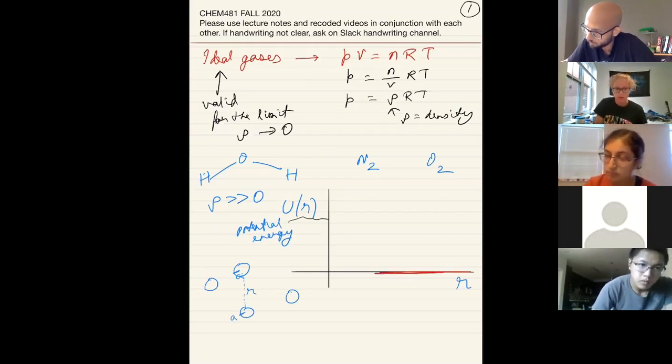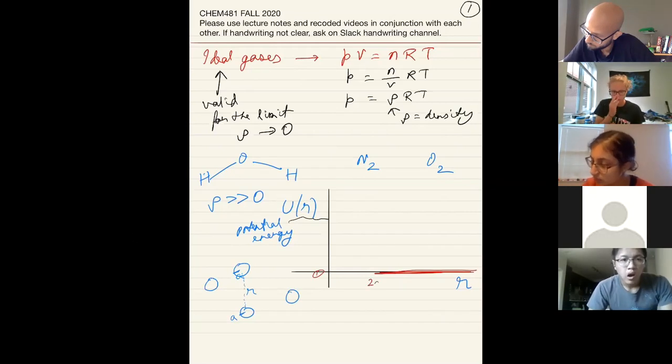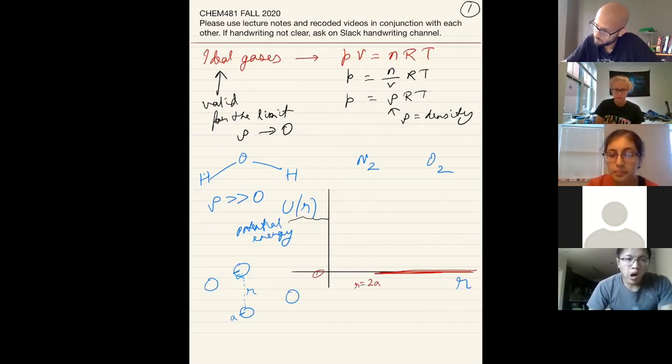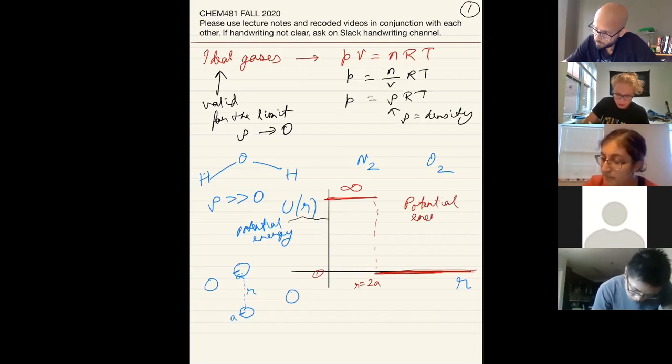There is no interaction. It's 0, except when R approaches the value 2A, when R is equal to 2A, it just shoots up and becomes infinity, right? So this is a potential energy curve for an ideal gas.